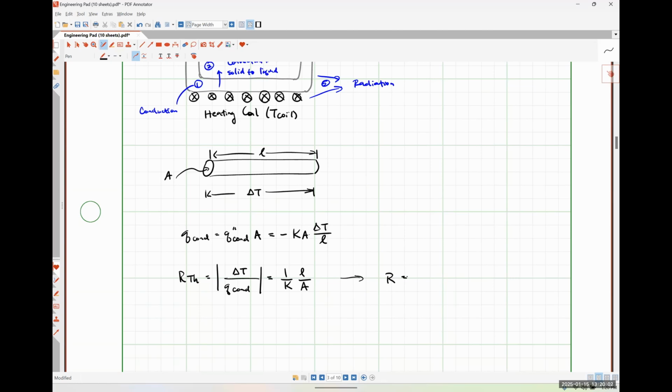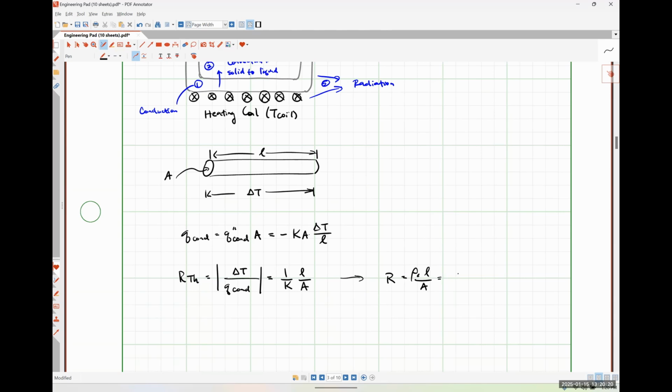R is equal to rho L over A, which is how we've learned it in this class. But some of us probably know that the inverse of rho, where rho is the resistivity, is the conductivity.